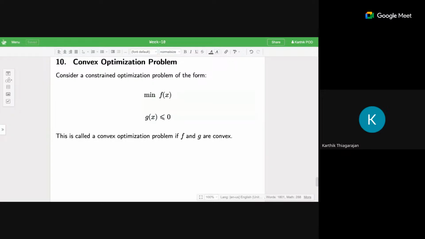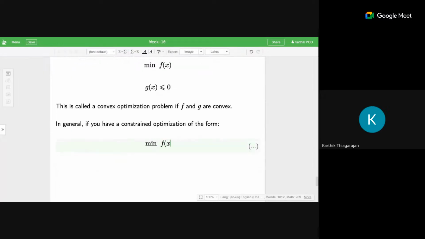Now there are slightly more complex problems that you could think of in general. If you have a constrained optimization problem where you minimize f of x, that remains the same, but then you have multiple constraints.